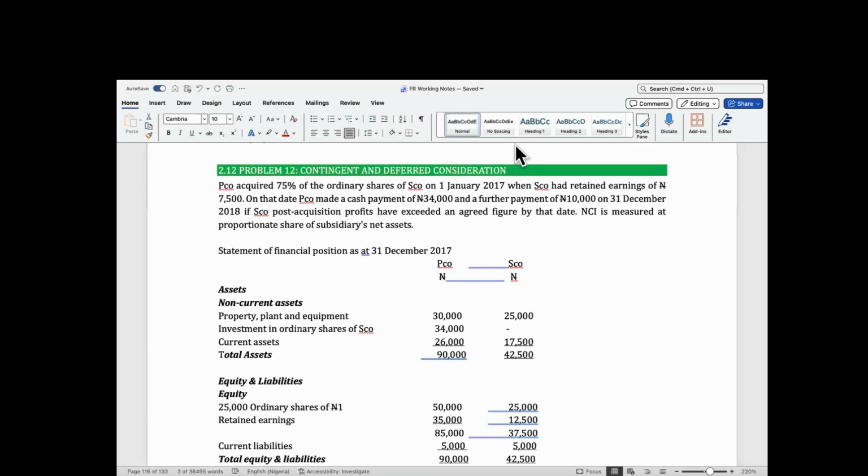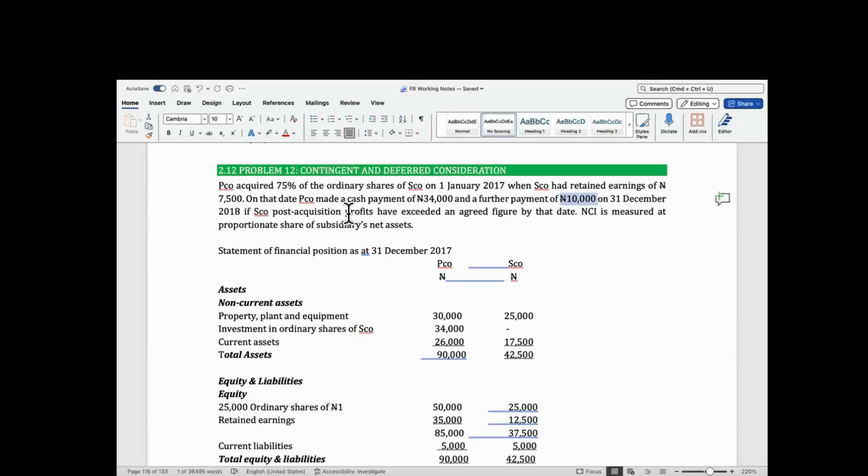Now, another question. It says PICO acquired 75% of the ordinary shares of ESCO on 4 January 2017 when ESCO had retained earnings of 7,500. On that date, PICO made a cash payment of 34,000 and a further payment of 10,000 on 31st December 2018 if ESCO's post-acquisition profit has exceeded an agreed figure by that date.